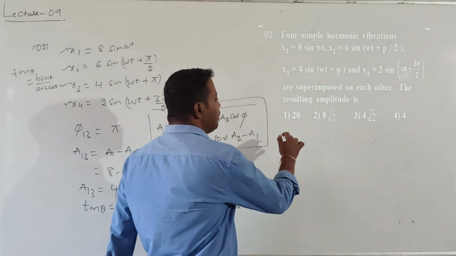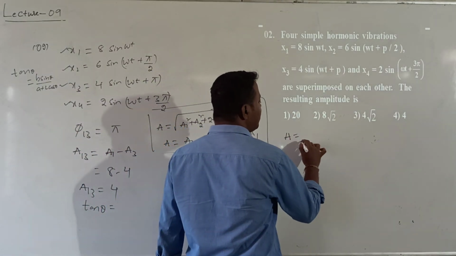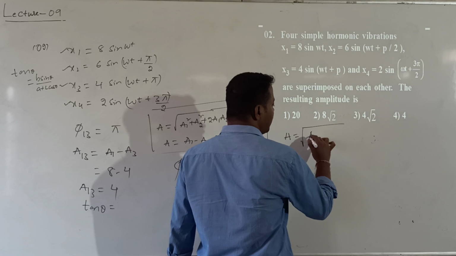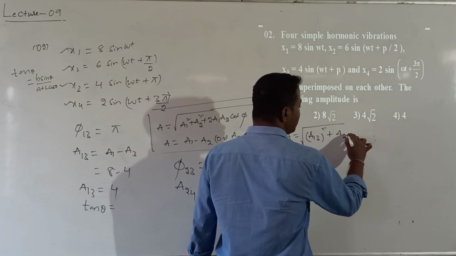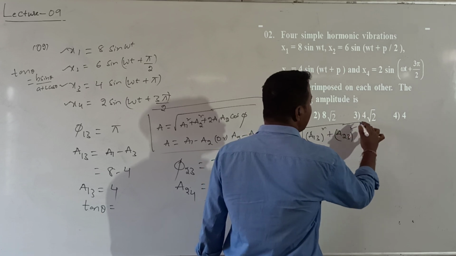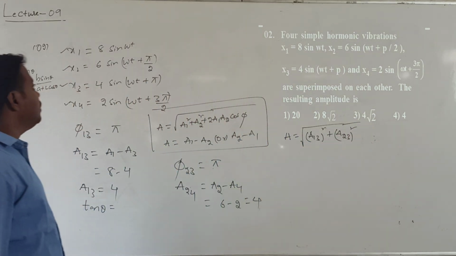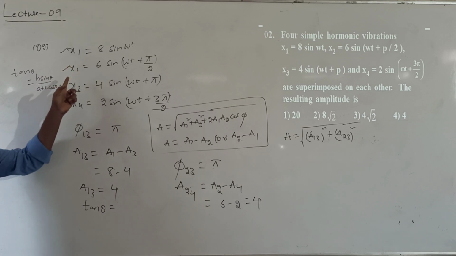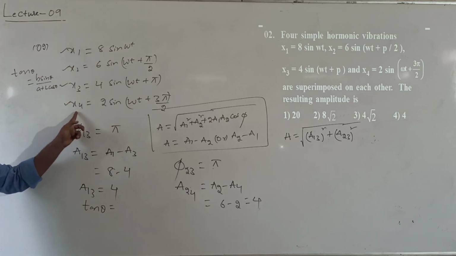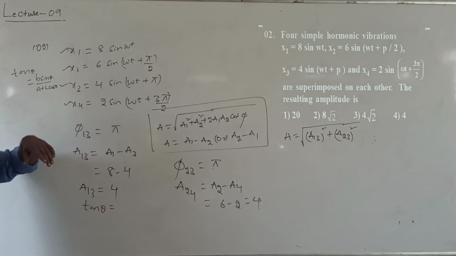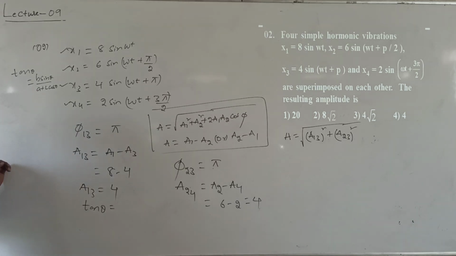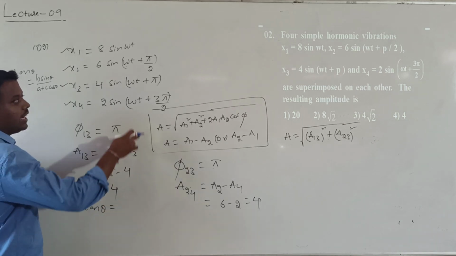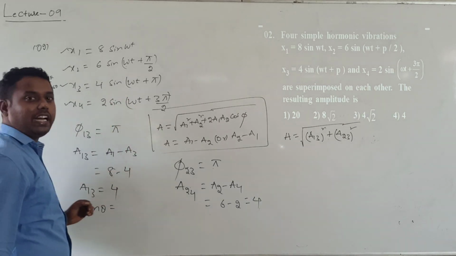When both are mutually perpendicular, the resultant amplitude is given by root over A13 whole square plus A24 whole square. When you know the phase angle between first and third and second and fourth, the phase difference value will be 90.